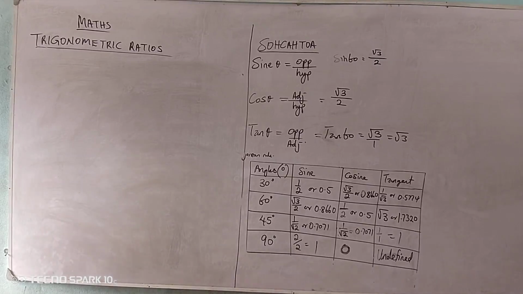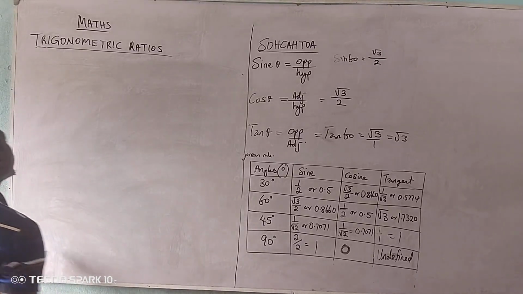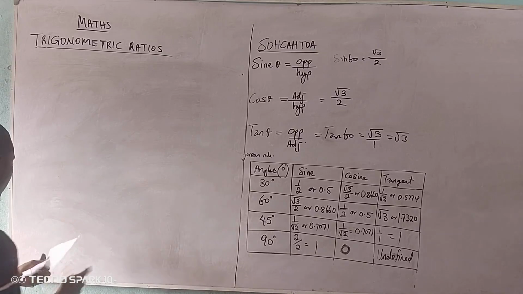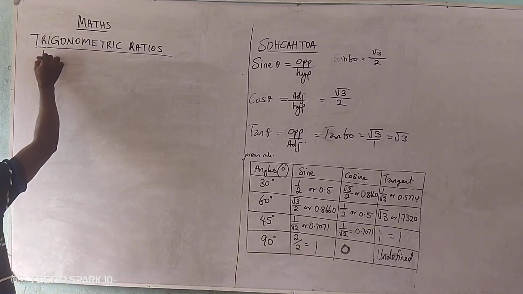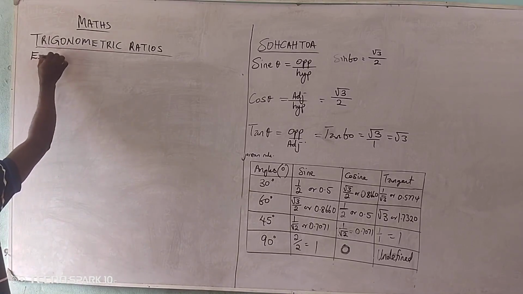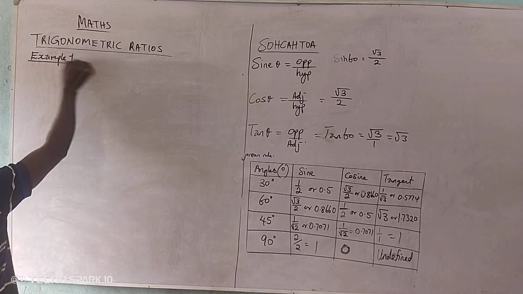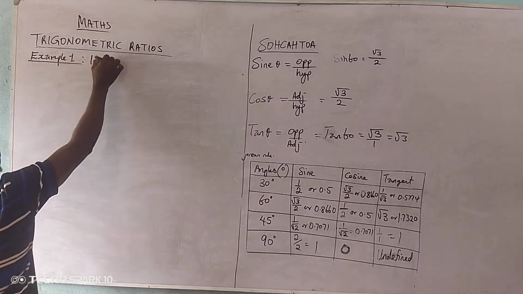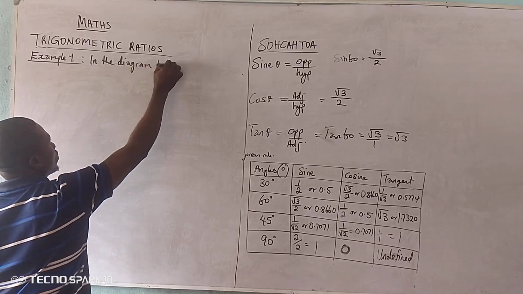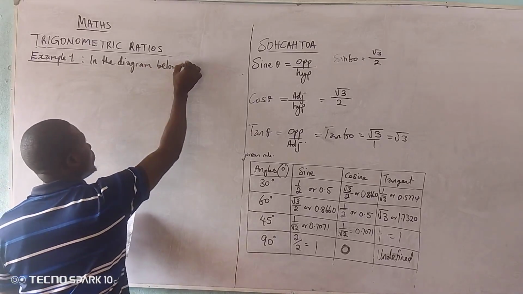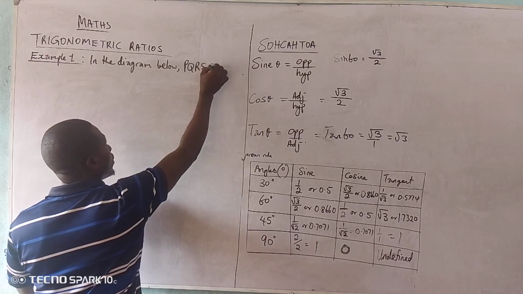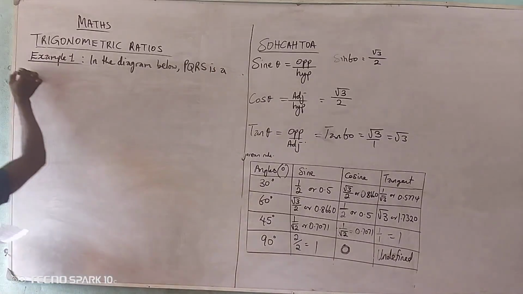There's a question here from WAEC, which says, Example 1. In the diagram below, PQRS is a rectangle.